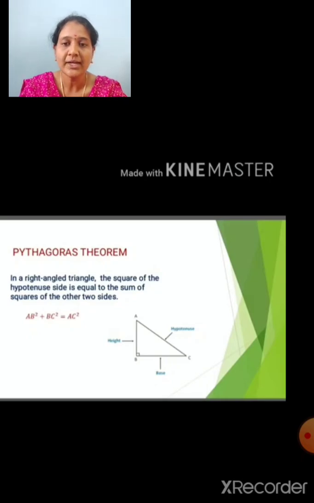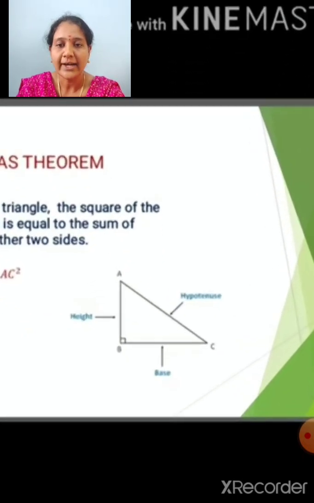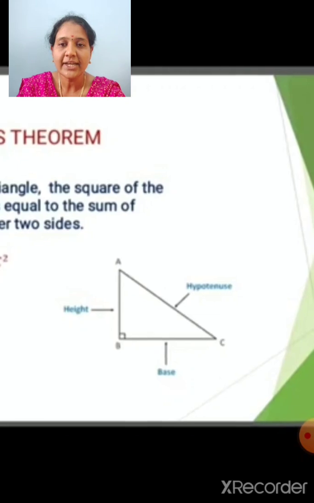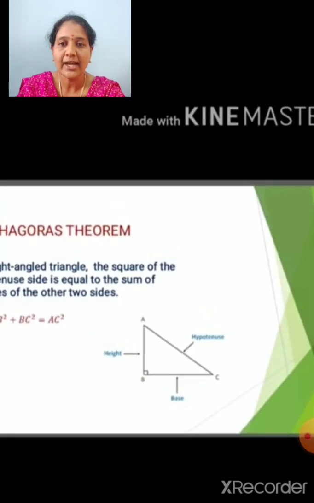If you observe the figure properly, there is a little box at B, so angle B is a right angle. The side opposite to angle B is the hypotenuse, denoted by AC, and of the other two sides, AB is called the perpendicular or height and BC is called the base.